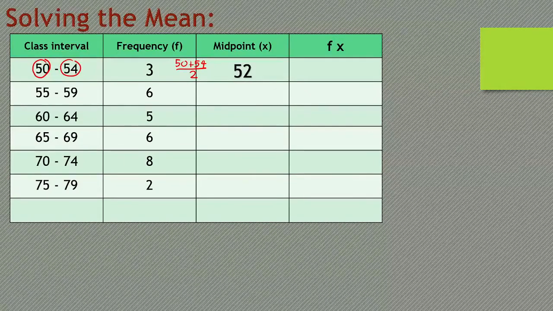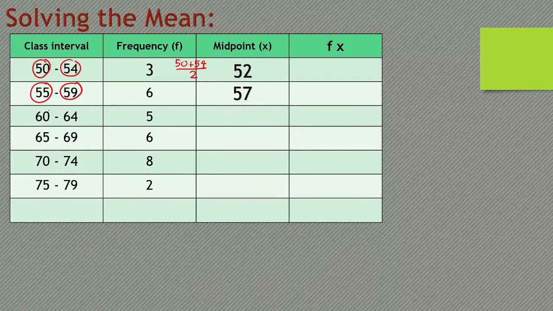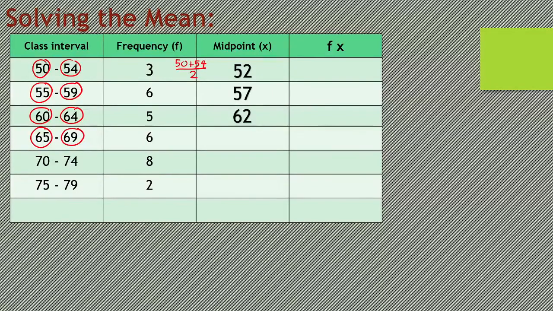What about 55 plus 59 divided by 2? 57. What about 60 plus 64 divided by 2? 62, correct. What about 65 plus 69 divided by 2? 67.